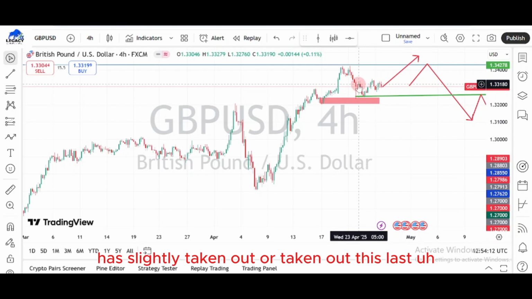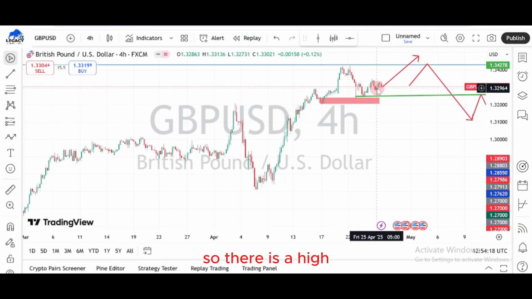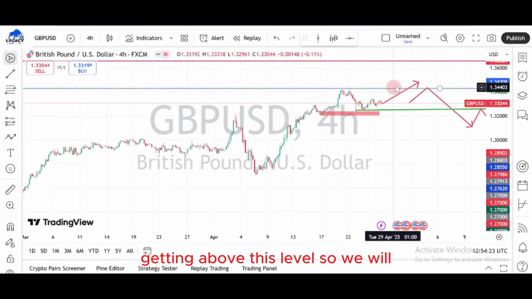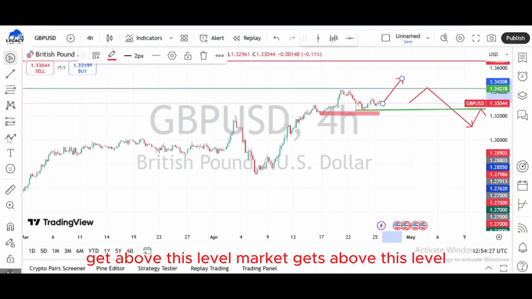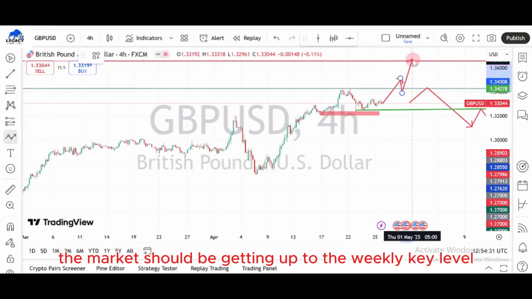Momentum has slightly taken out this last higher low, and now the market retraced a bit. So there is a high probability that the market will push up, and maybe we'll see the market getting above this level. If the market gets above this level, retraces back and maybe tests this, the market should be getting up to the weekly key level.